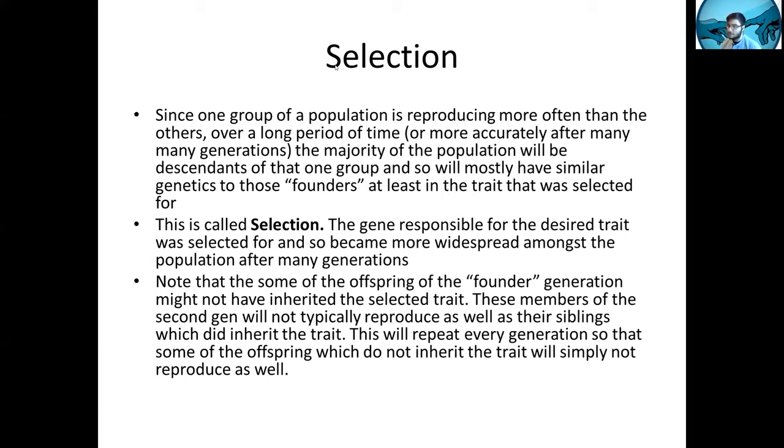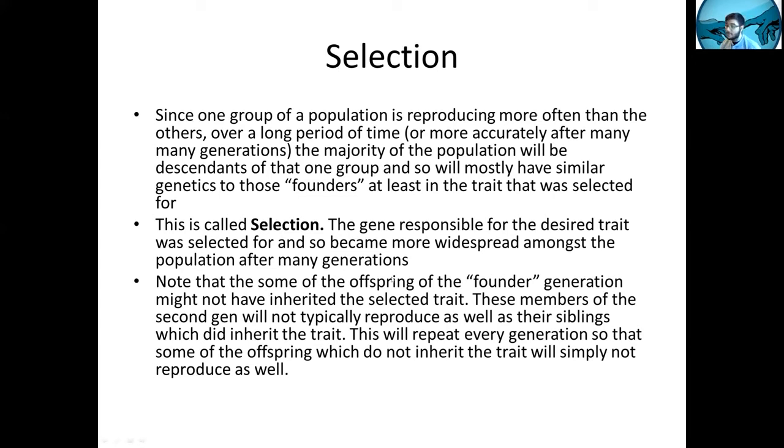But if a trait that they have, for example blonde hair, is not something that's selected for, all of the descendants after many generations may not have blonde hair, even though they were descended from that original founder group. And that's due to this third paragraph right here.